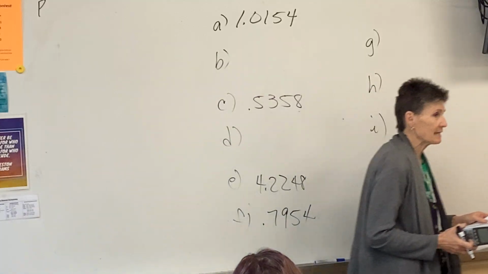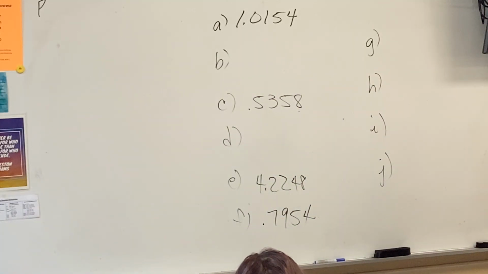Now I'm skipping down to I, because I'm doing all the degree problems first. Do I have a cotangent button? No. So how do I handle it? 1 divided by tangent. 158 degrees, 19.